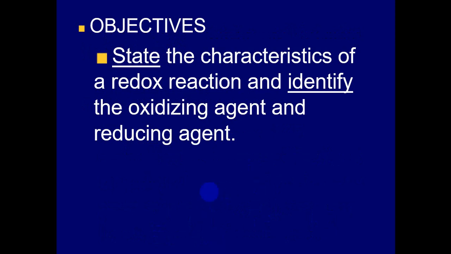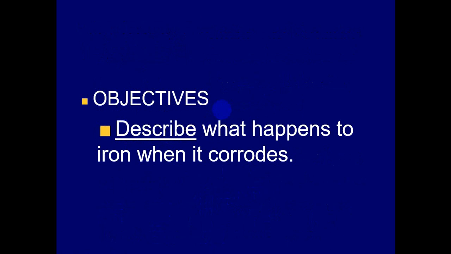We want to state the characteristics of a redox reaction and identify the oxidizing agent and the reducing agent. We also want to describe what happens to iron when it corrodes. So the last objective will be on corrosion.